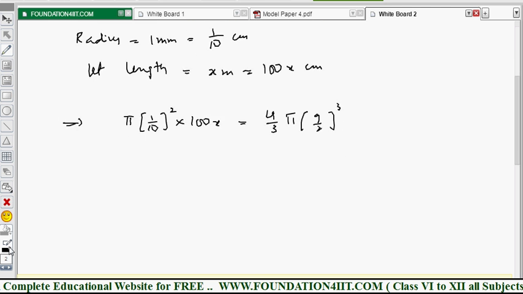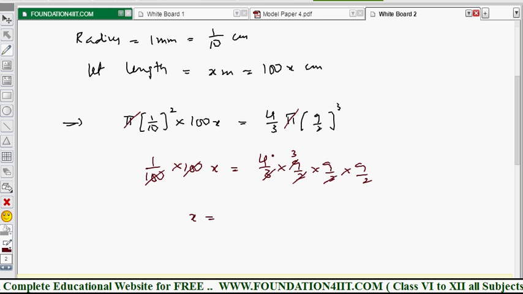Now from this we can cancel some terms. Pi gets cancelled from both sides, and if we simplify, 1 by 10 whole square is 1 by 100. So 1 by 100 into 100x is equal to 4 by 3 into 9 by 2 whole cube, that is 9 by 2 into 9 by 2 into 9 by 2, three times. The 100 gets cancelled here. Then x is equal to, we cancel: 3 ones are 3, 3 threes are 9, and 2 twos are 4, so 4 fours.